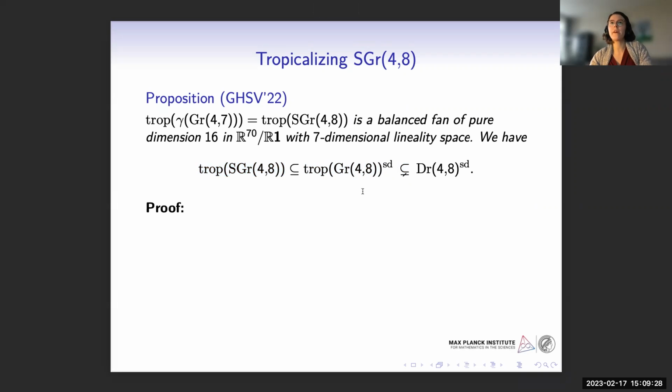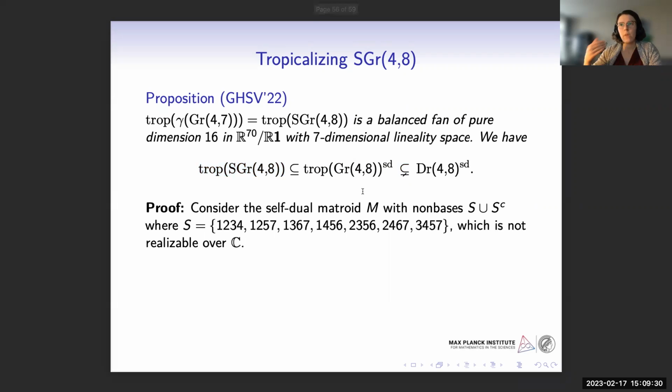And how do we prove this? We pick a self-dual matroid of rank 4 on 8 elements that is not realizable over C. In our project, this matroid came up when we looked at all the realization spaces for rank 4, which I did not show to you; I only showed you the rank 5 results.